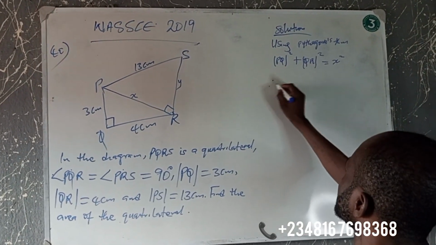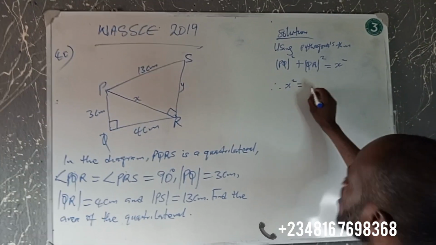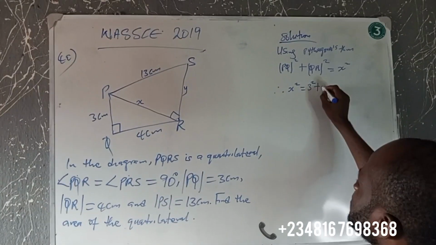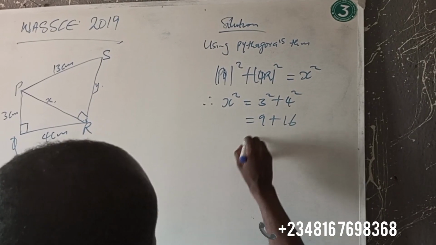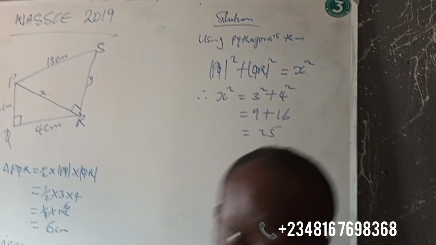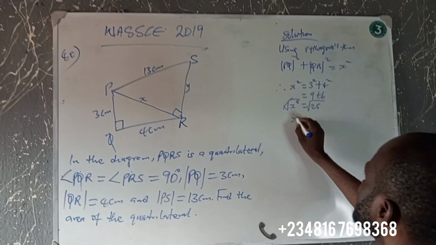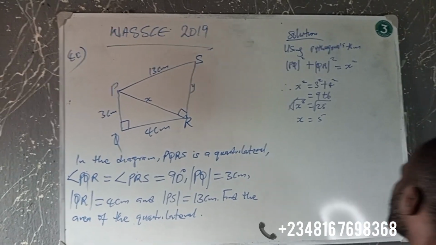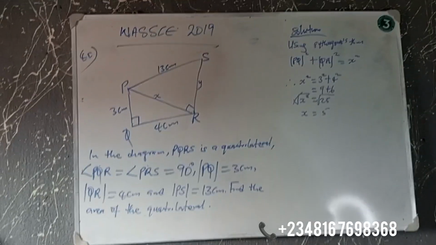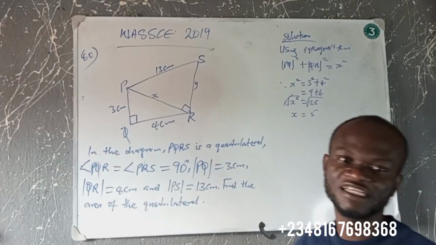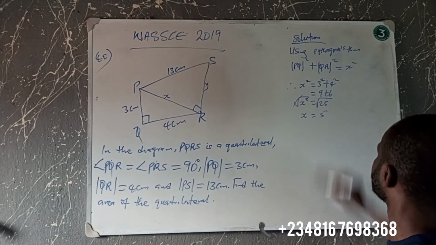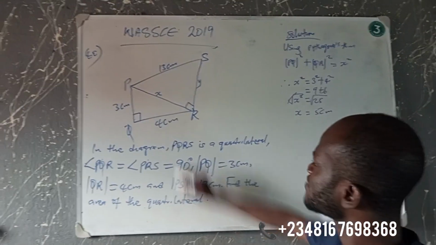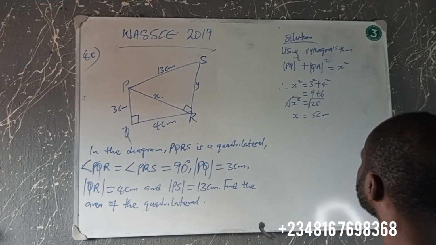That is to say that S squared equals 3 squared plus 4 squared, 9 plus 16, which is 25. Meaning S is 5 cm. Normally, if you take the square root, it's supposed to be plus or minus, but since we're talking about length here, we don't take the negative length. So we have only 5 cm, which means my S here is 5 cm.